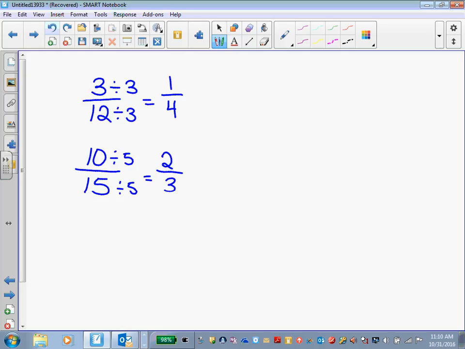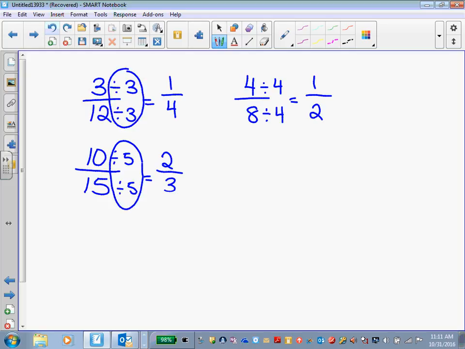But now, of course, if I have two even numbers, that can definitely be simplified. So 4 divided by 4 is? 1. 8 divided by 4 is? 2. But it just has to be divided by the same number and get an even answer.